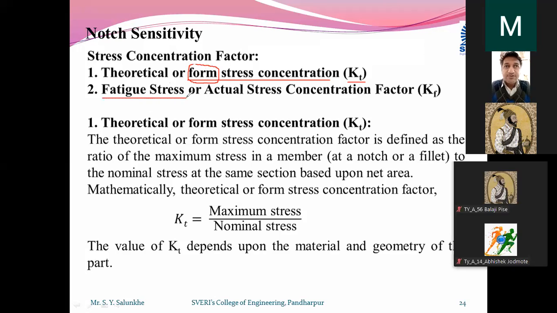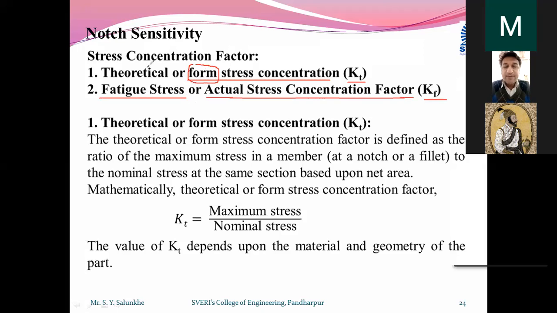Whereas the fatigue stress concentration factor, or actual stress concentration factor, denoted by K suffix F, we calculate based on experimentation done on that component, like the experimentation we did for calculating the endurance limit.